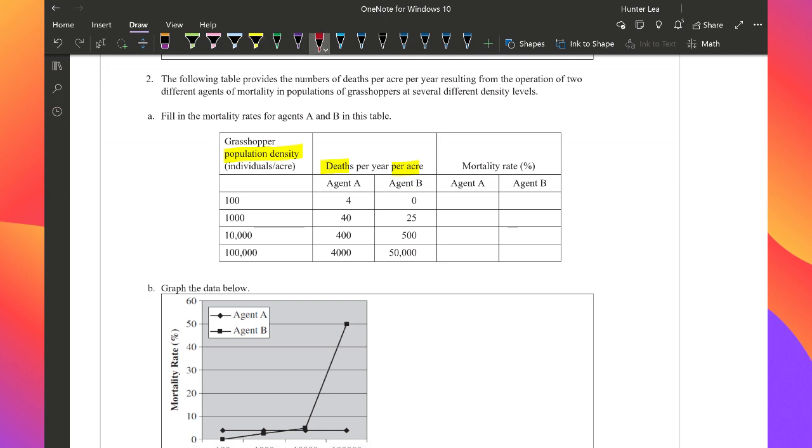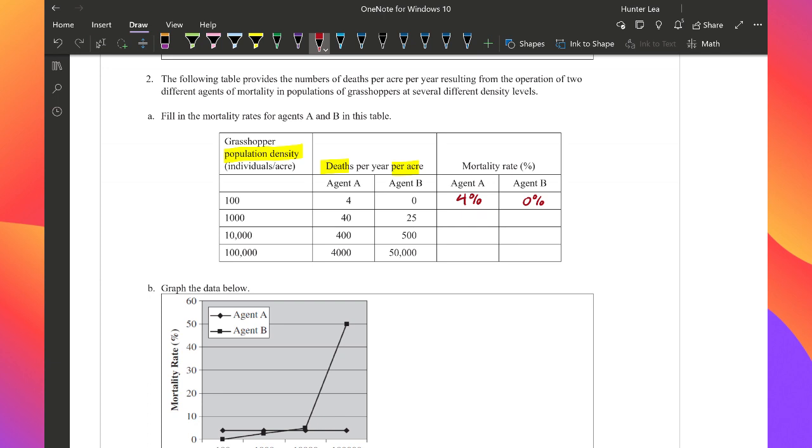So in a population density of 100 grasshoppers per acre, individuals per acre, Agent A kills 4 of them. All right, 4 out of 100 is pretty easy math. That's 4%. And Agent B is 0. Similarly, in the next row, we have 1,000 individuals per acre.